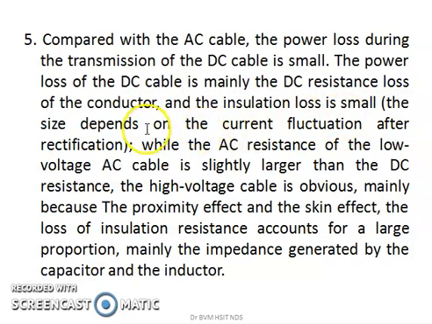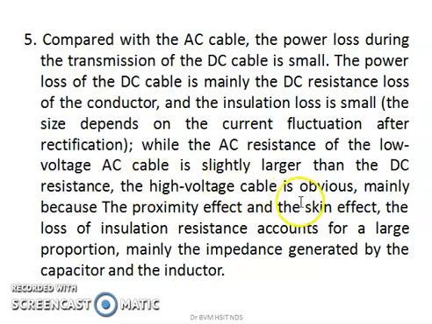The size depends on the current fluctuation after the rectification. While the AC resistance of the low voltage AC cable is slightly larger than the DC resistance.